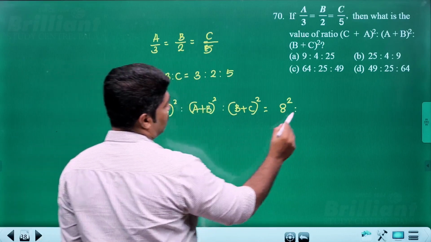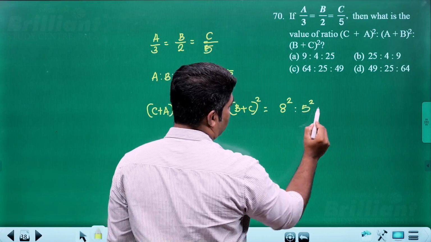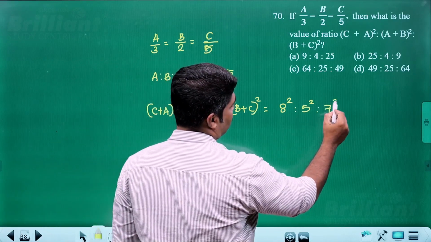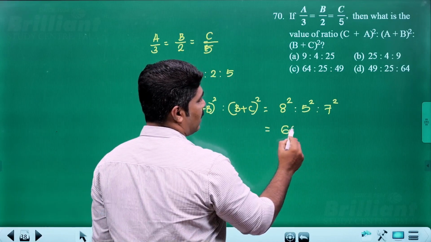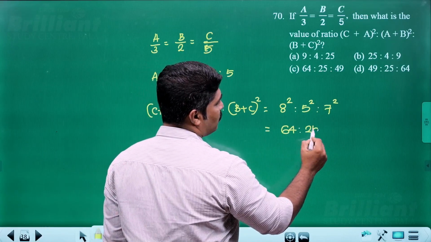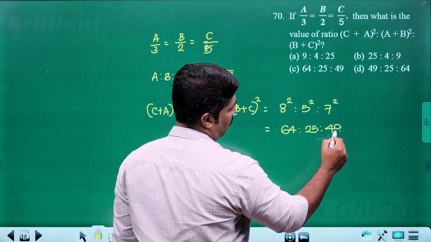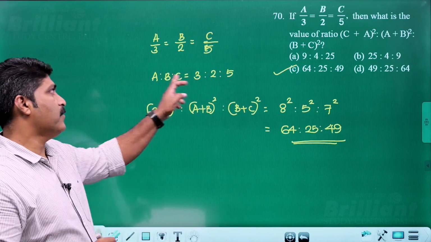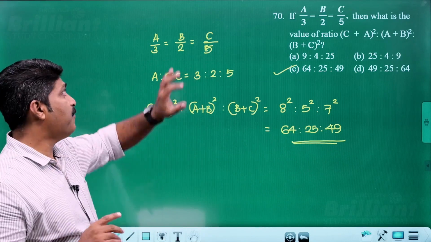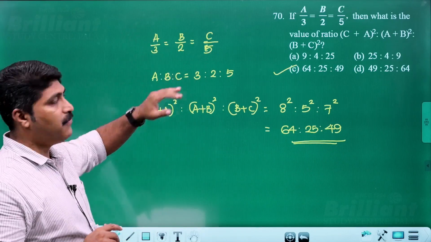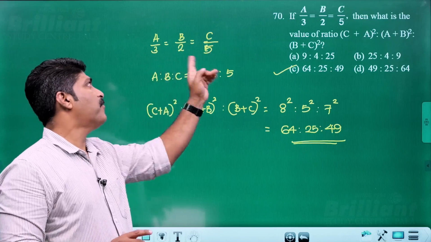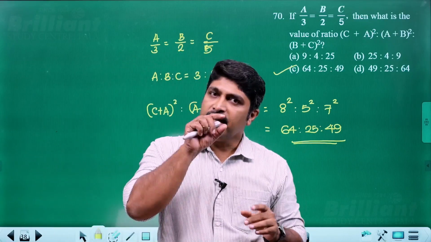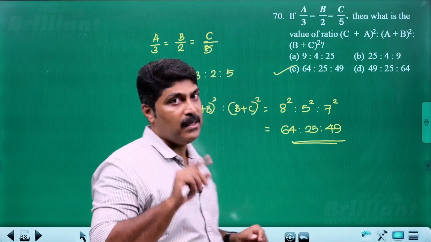A plus B, 3 plus 2, that is 5 square. B plus C, that is 7 square. So we directly get 64 is to 25 is to 49. In such a situation you can directly apply these values. So understand this form of ratio: if it is in the form of denominators, only the values under that bar, then you can directly write those as the ratio values.